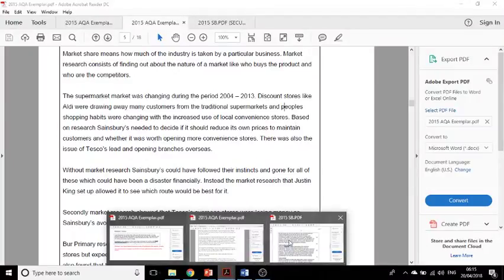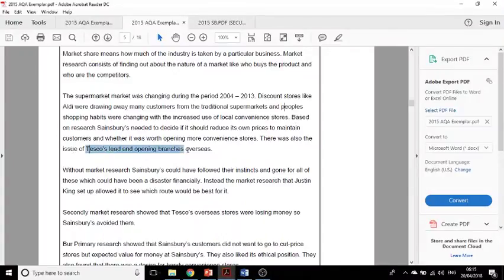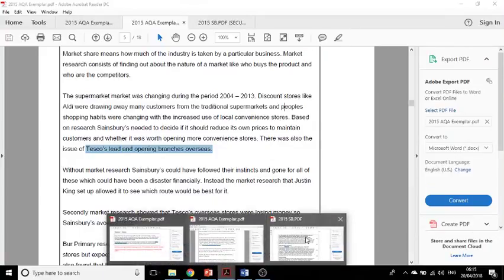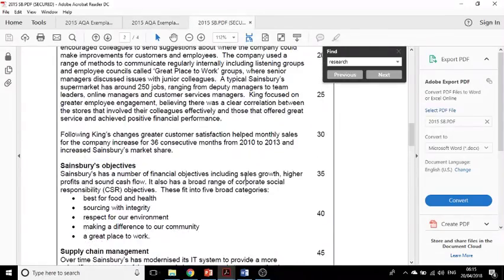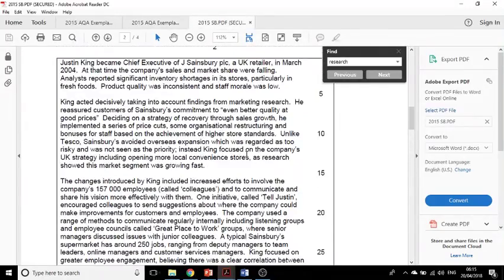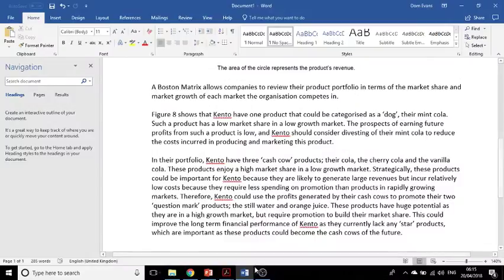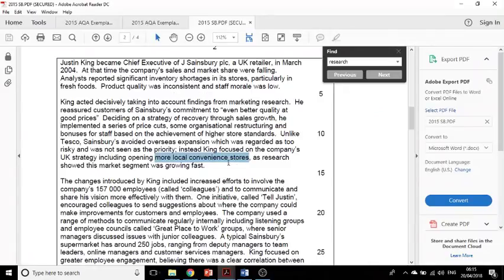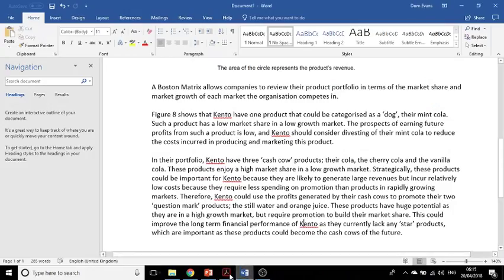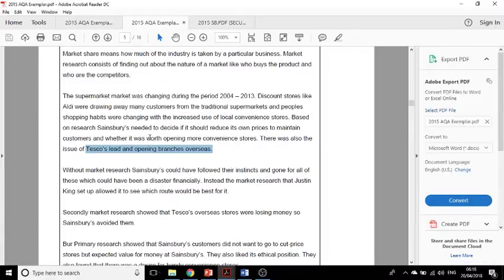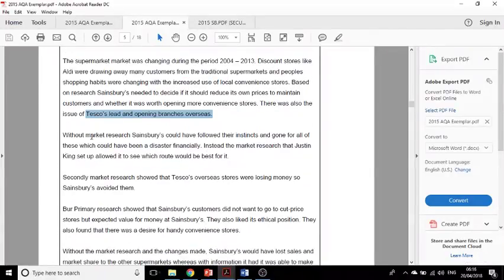So, for example, they've mentioned here that Tesco was opening branches overseas, and that occurs here, which is regarded too risky. Market research showed this segment was growing fast, the local convenience store. So the student is using the case study to build their answer here.